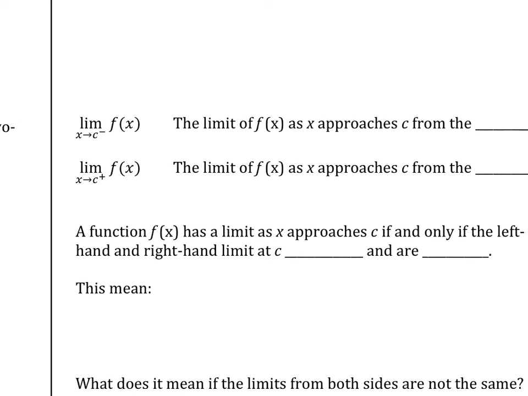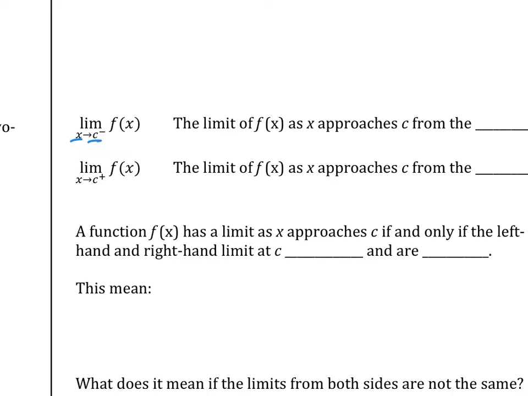Now we have seen this notation before, around chapter 1, where we were talking about the limit as x goes to a number from the left hand or the right hand side. And hopefully you recall that the negative means from the negative side. So what it's saying is the limit as x is going to c.